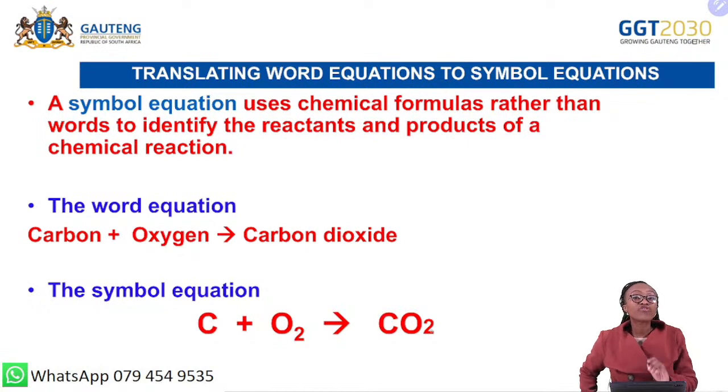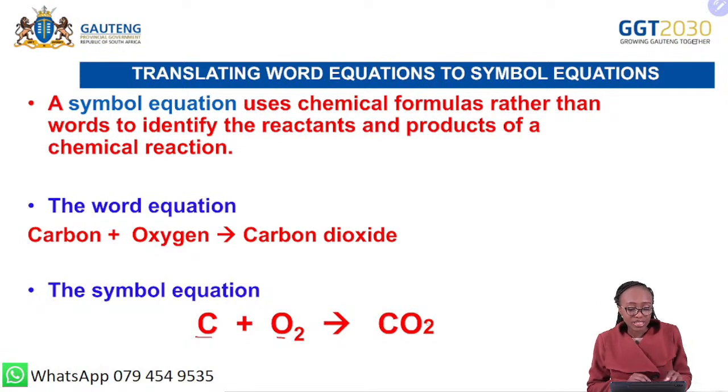Remember, if you refer back to your periodic table of elements, the symbol for carbon is C, the symbol for oxygen is O, and the chemical formula for carbon dioxide we said was CO2. Remember when we were learning about atoms.